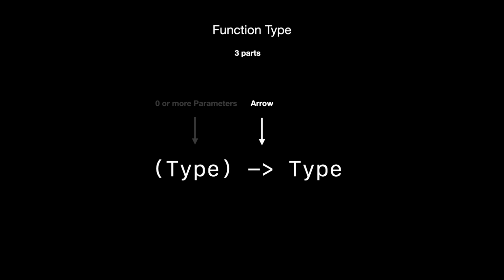The second part is an arrow written with a dash and an angle bracket. This arrow points to the return type of the function. The third and final part of the function type is the return type. This will either be a single type or nothing, because not all functions return data. We'll talk about returning and what that means in just a bit.